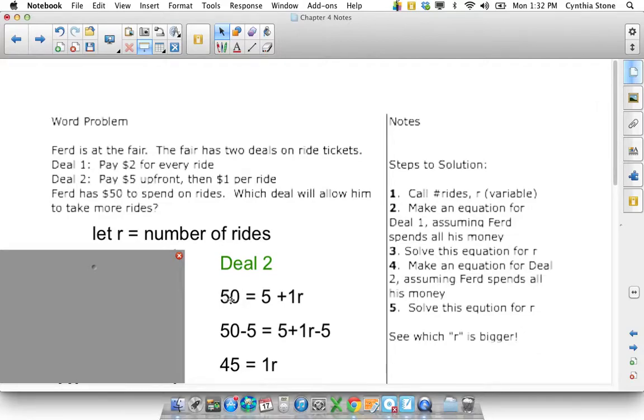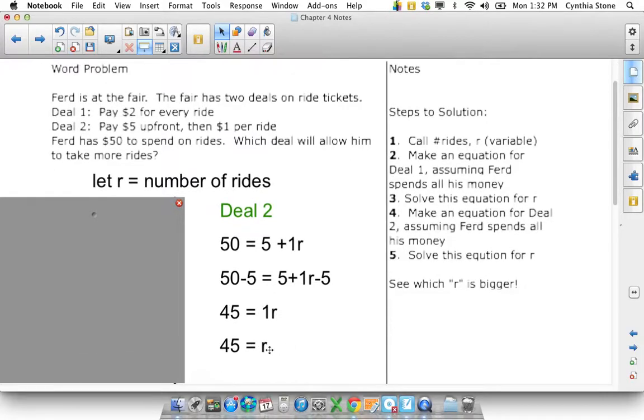So using $50, we're going to solve this equation for R. So opposite operations, I'm going to take this 5 and subtract it because it's added right now. When there's a 5 right here, it's like a plus 5 implied in the front. So you subtract 5 from each side to get 45 equals 1 times R.